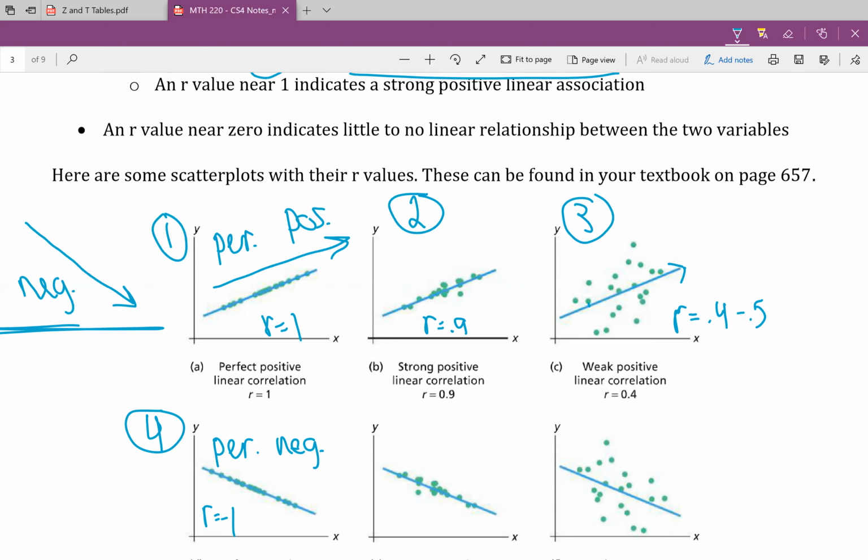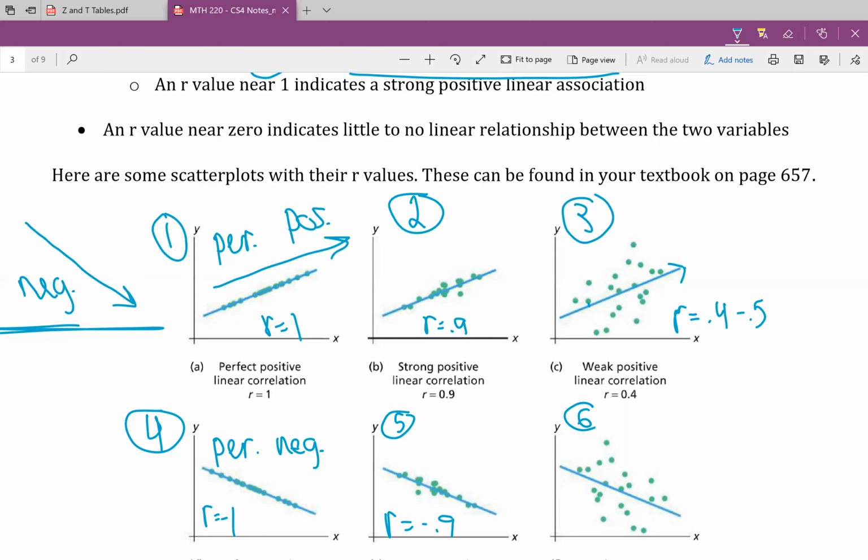Here on this next picture, the fifth picture, again going down and to the right, we see that it's going to be negative, and the dots are clustered very, very closely to that line, but not every single dot lies on that line. So that means we should expect an R of around negative 0.9, negative because it's going down and to the right.